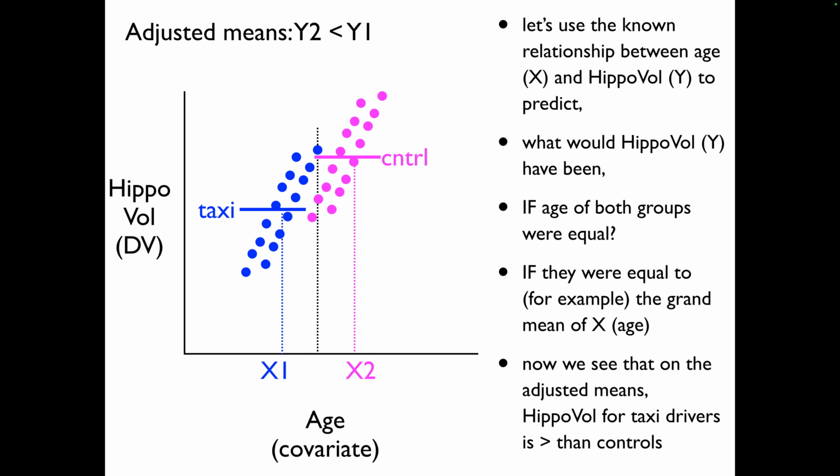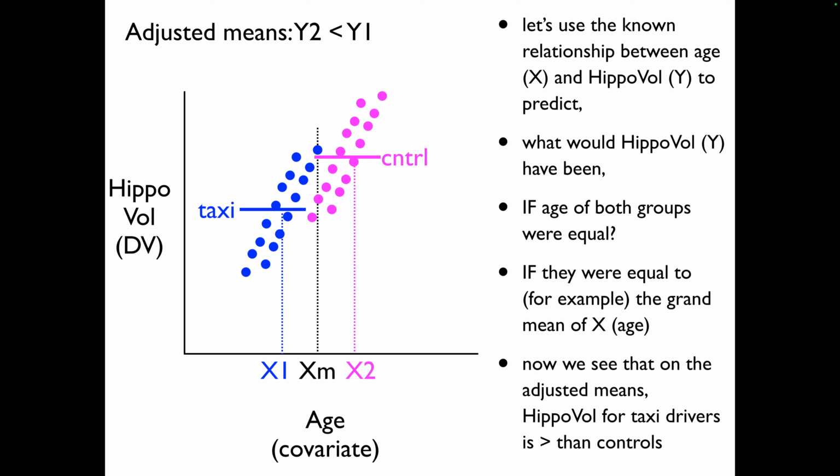So now we can ask the question, given that there's a relationship between hippocampus volume and age, what would the hippocampus volume of the controls have been? What would it have been if the control had been the average age on the black line, not on the pink line? And what would the hippocampus volume of taxi drivers have been if their average age was the black line, not the blue line?